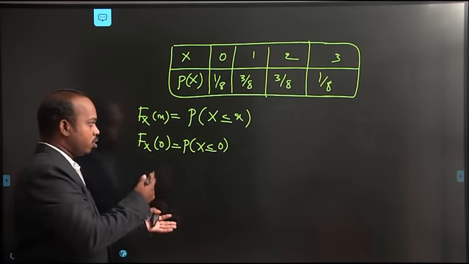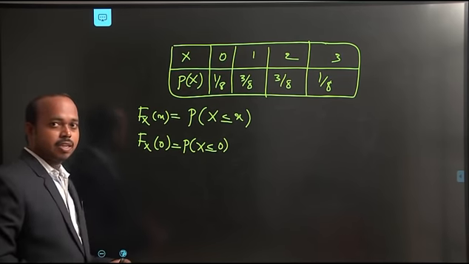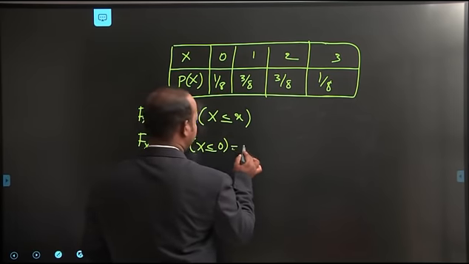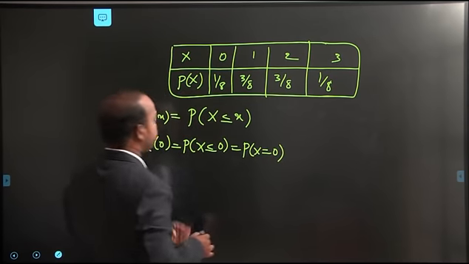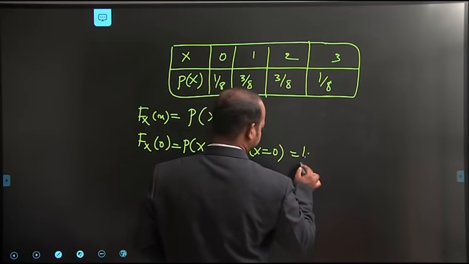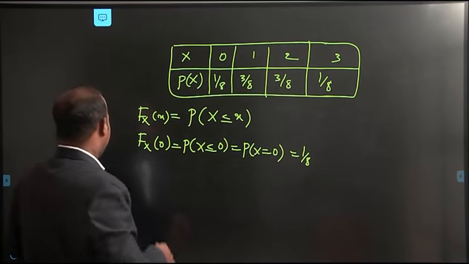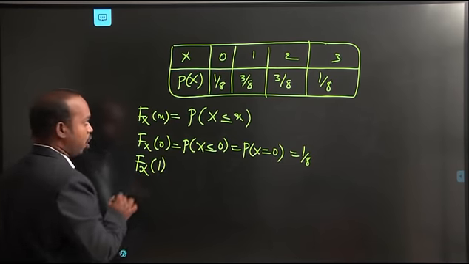Here we consider values from 0, so it is the probability at x equal to 0. At 0, the value is 1 by 8.